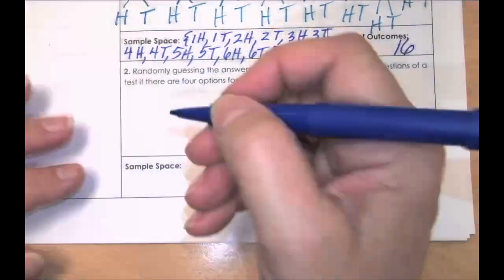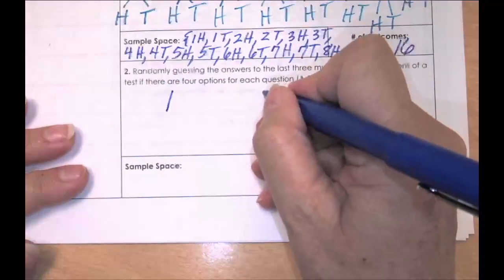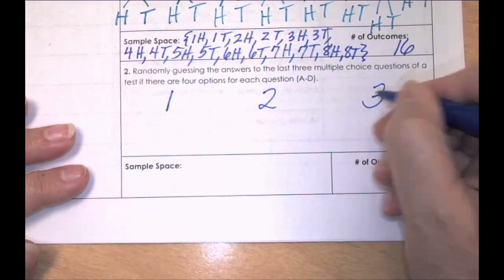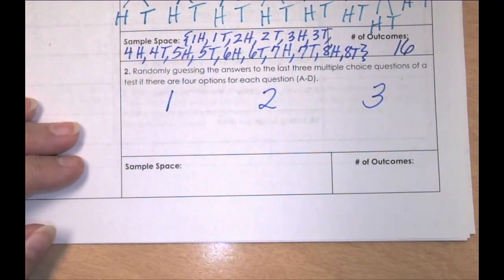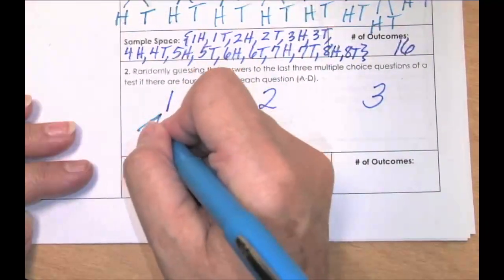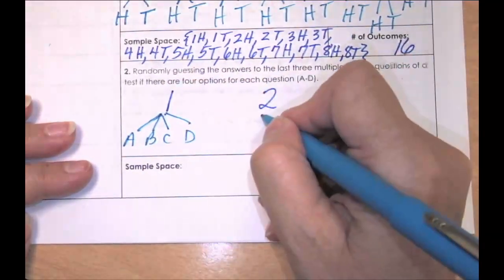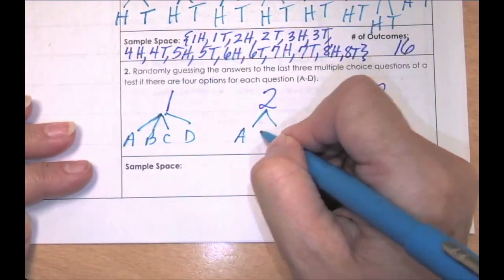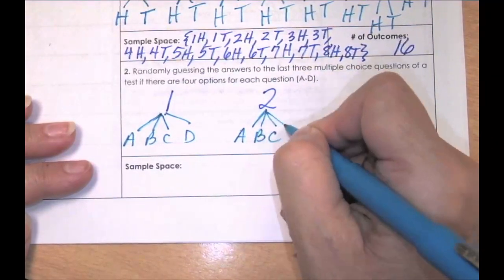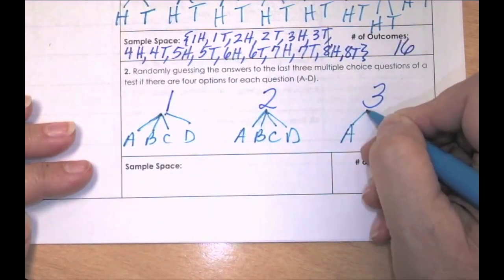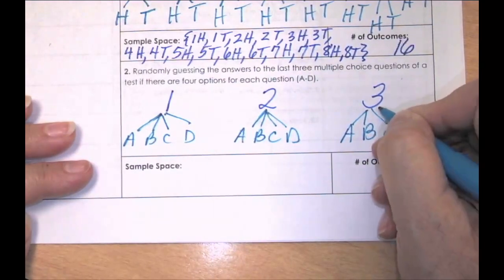Okay, so I've got 1 question, 2 questions, 3 questions. Each question has 4 options, an A, B, C, or D.